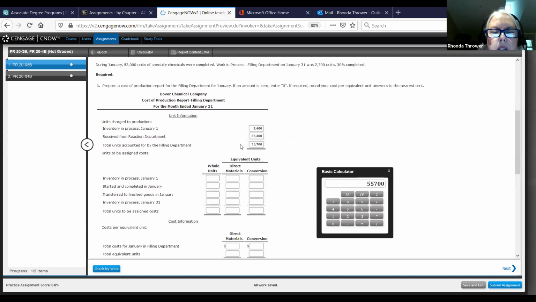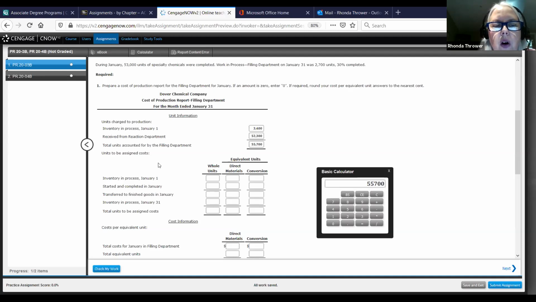And what we're doing next is we're breaking down those whole units into some separate parts. We're really reconciling these whole units with this part down here. So what I would suggest you do is work on the whole units column first, and then we'll talk about doing equivalent units.